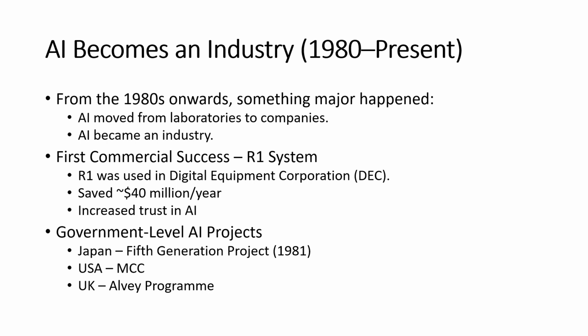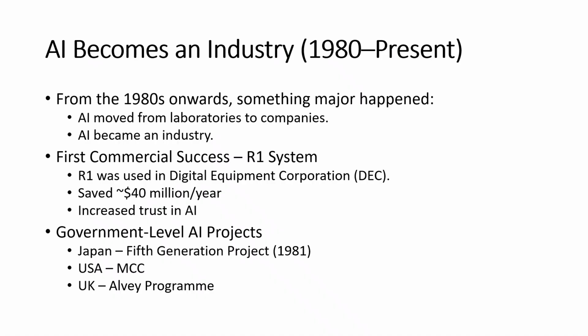The first major success that proved AI can make money was the expert system called R1. Early AI programs solved toy problems. So R1 solved a real industrial problem.